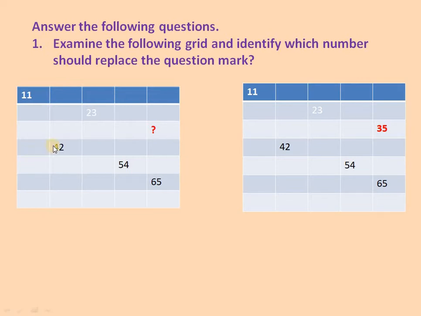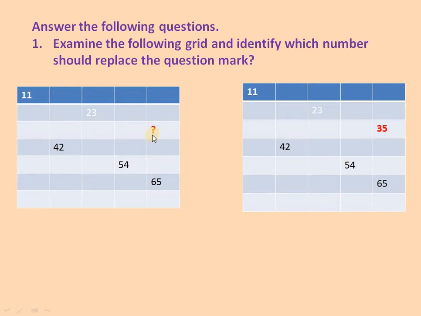In this way, 42 will give you the fourth row and second column. This is the position of 54, fifth row and fourth column. Similarly, 65, sixth row and fifth column.